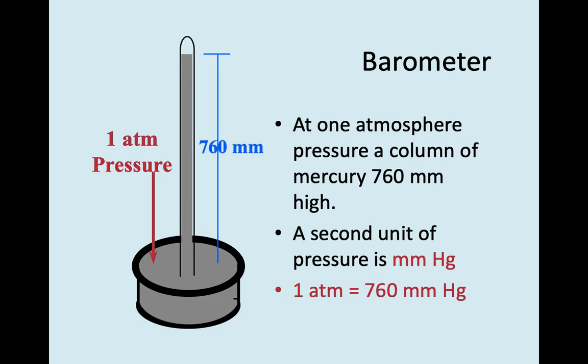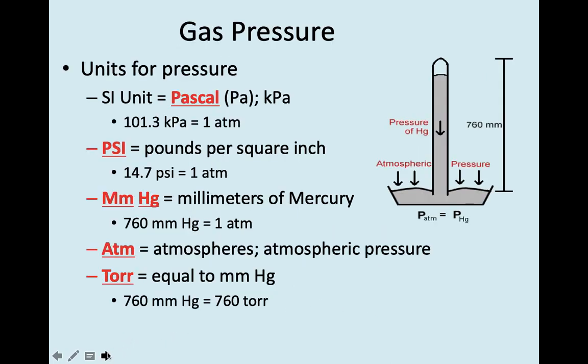There are actually a couple of different ways to measure pressure. We can measure it in millimeters of mercury like you see here. We can measure it in atmospheres, and 1 atmosphere is equal to 760 millimeters of mercury.